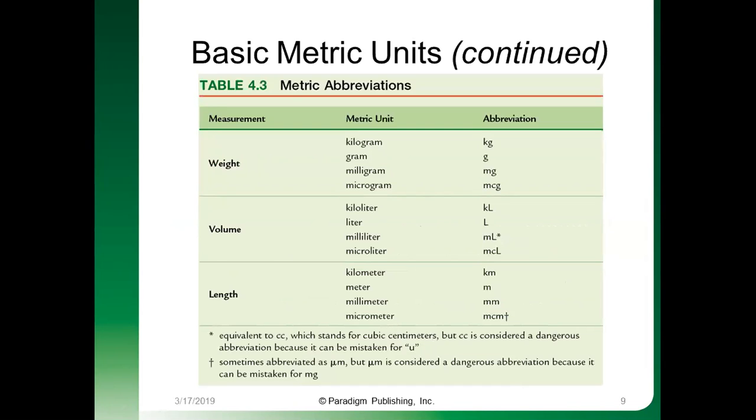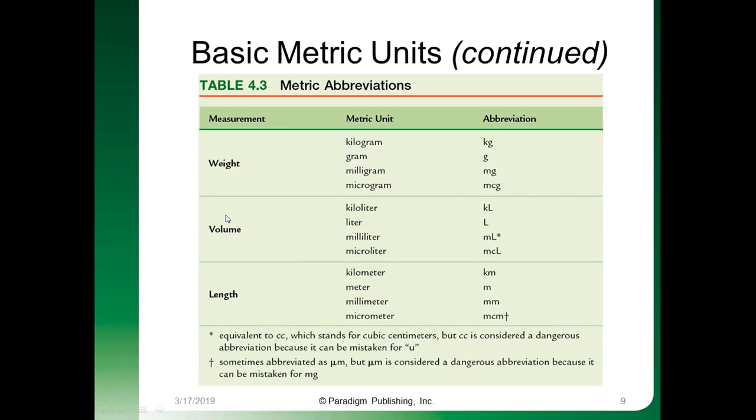So here are some metric abbreviations that we do use in pharmacy. For weight, a kilogram: we said that the abbreviation was K for kilo and G for gram, so our abbreviation for both will be kg. Gram, g. Milligram, mg. Microgram, mcg.